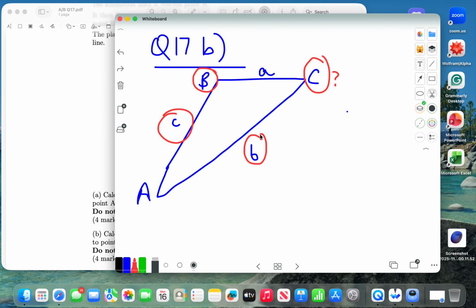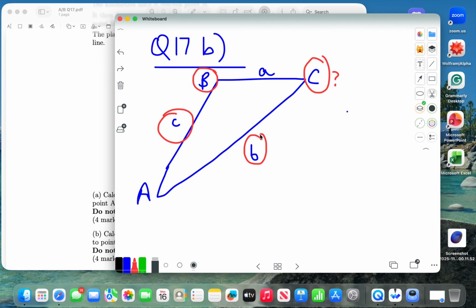You could use the sine or the cosine rule technically in this question, but I'm going to use the sine rule because we've already done loads of examples of the cosine rule, and I would say the sine rule is a bit easier to understand.